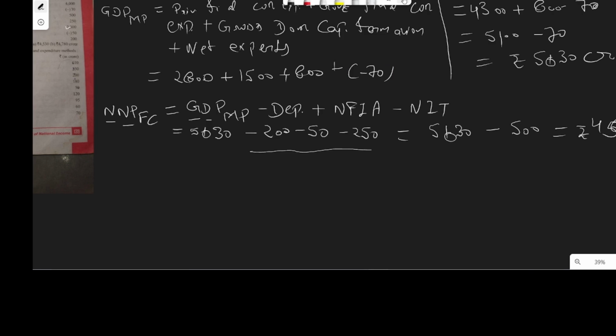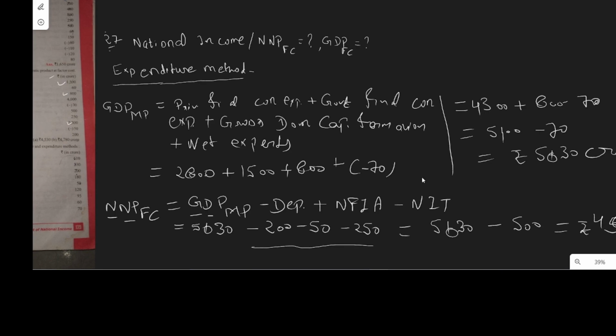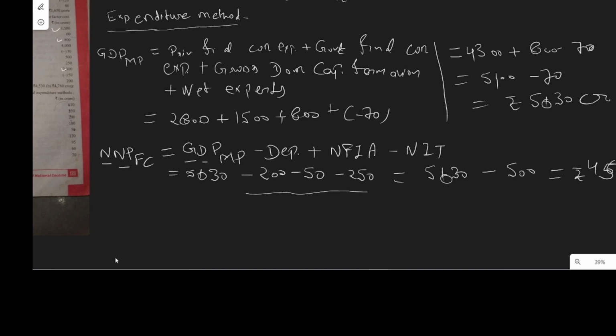Now we need to find the another thing that they have asked us, and that is GDP FC. So we write here GDP FC. We can use GDP MP or NNP FC, any one of these. I am using the first one, GDP MP. Gross, no change. Domestic, no change. Market to factor. Market includes net indirect taxes. Factor doesn't include.